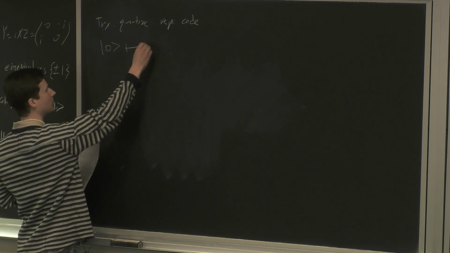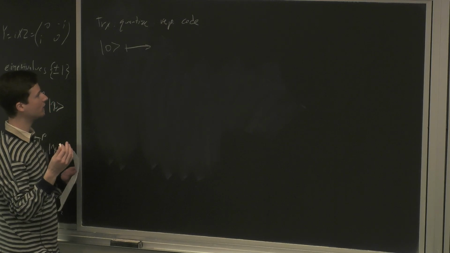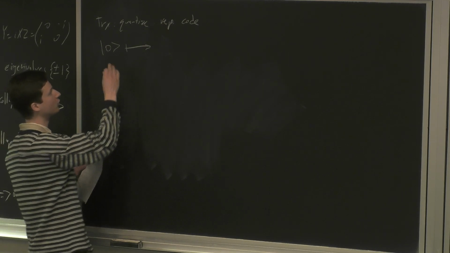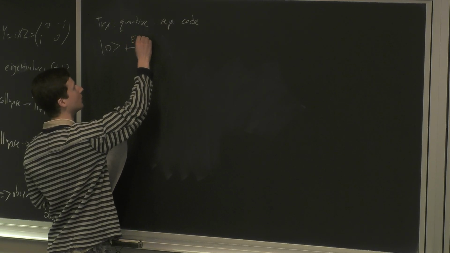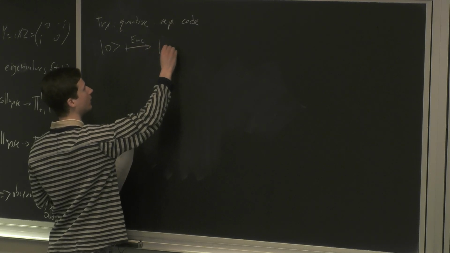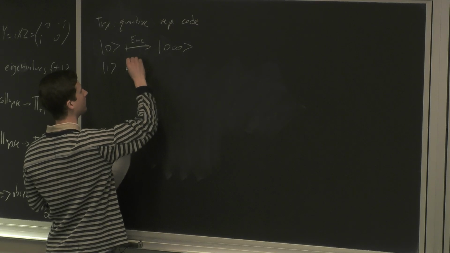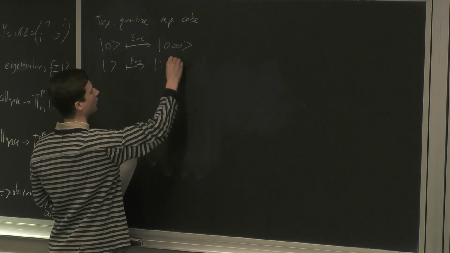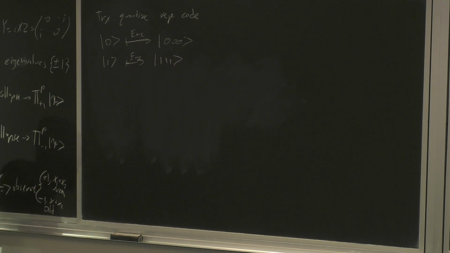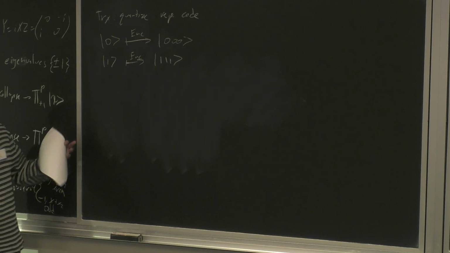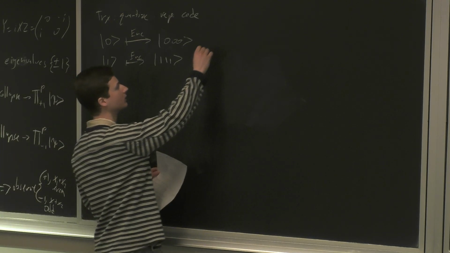So we just have our classical repetition code, and to make it quantum, we can just do the same thing, but to qubits instead of bits. So we can take the 0 qubit and encode it to 0, 0, 0. Take the 1 qubit, encode to 1, 1, 1.